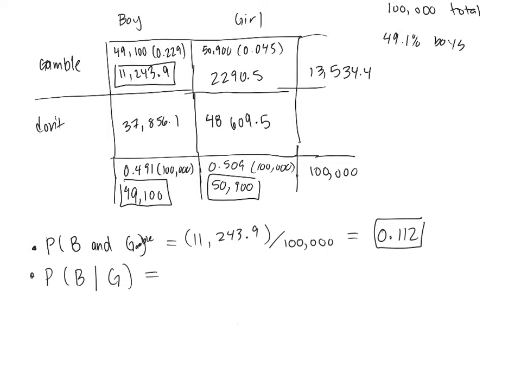Boy given that girl. Okay. So boy, given that this person gambles. Okay. How many boy gamblers do you have? 11,243.9. How many total gamblers do you have?